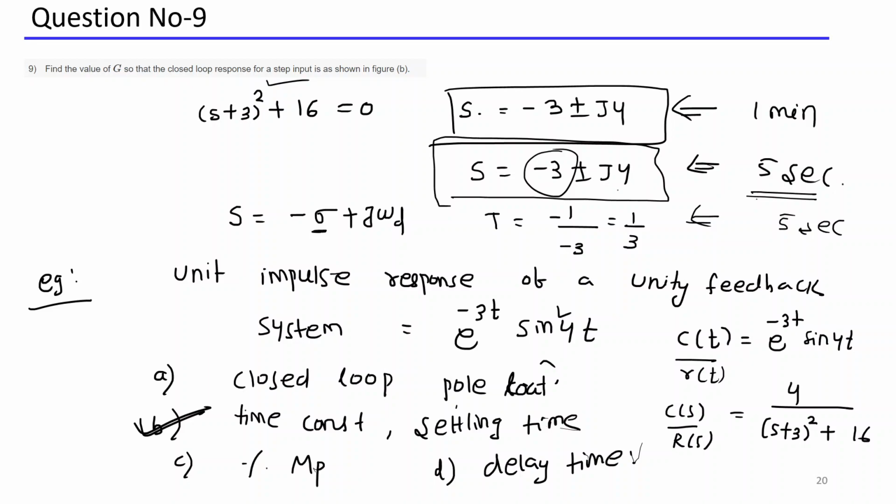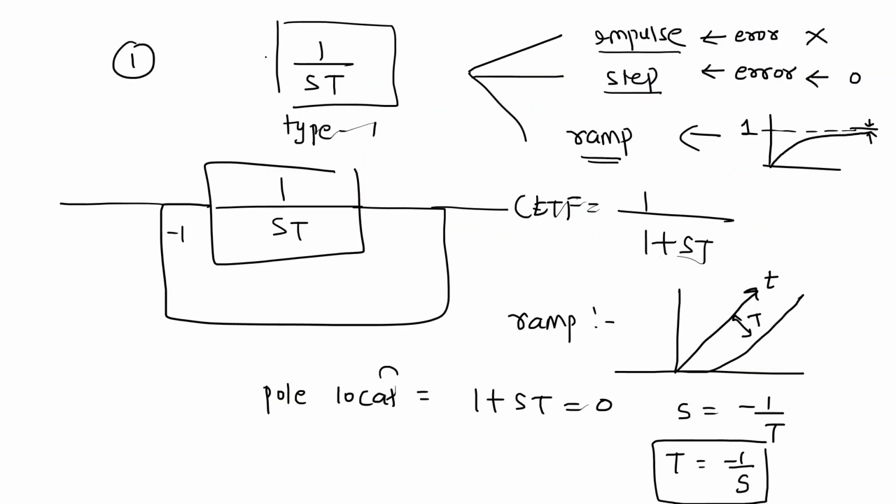Means time constant is the negative inverse of the real part of the pole. Here I have just derived it: time constant is the negative inverse of the real part of the pole s. We have just defined it for a first order system. For a second order system, it might be complex, but you have to take the real part. You got the point, sir?